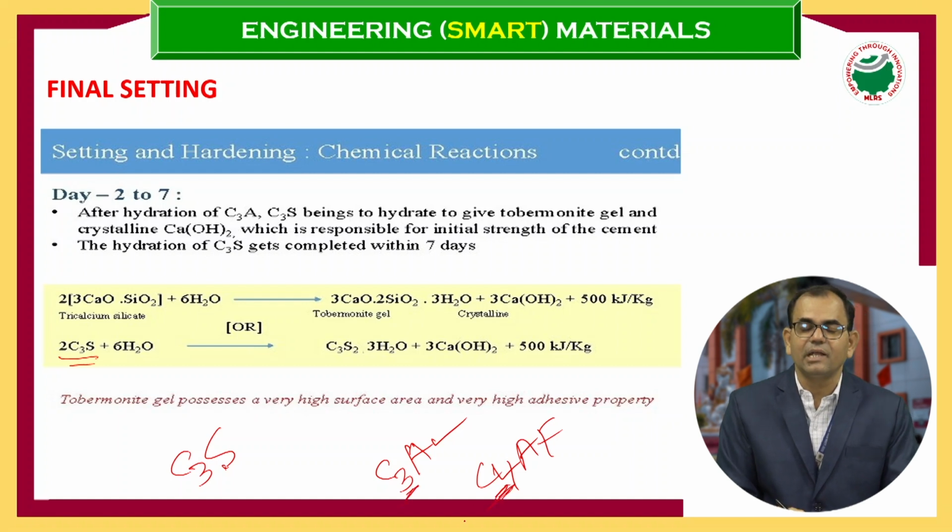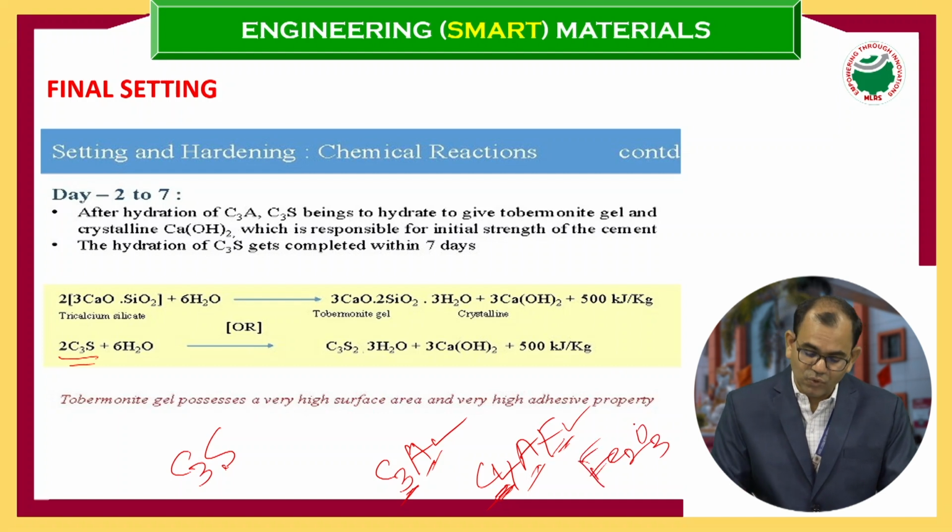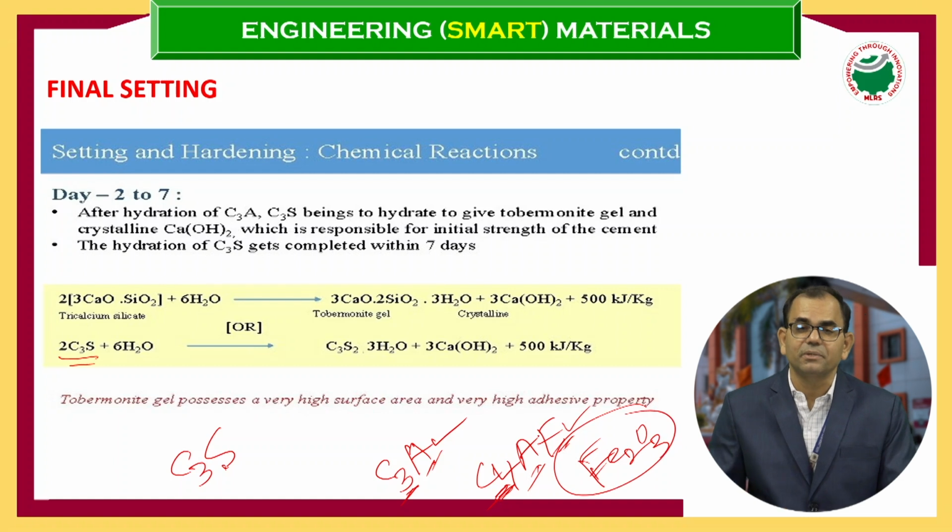Here it is tetracalcium, that is nothing but lime, CaO. A stands for alumina in both the cases, first reaction and second reaction. But that F is something new to the second reaction. What is that F? Ferrite, Fe2O3. The grey color of the cement is due to this one only, Fe2O3.